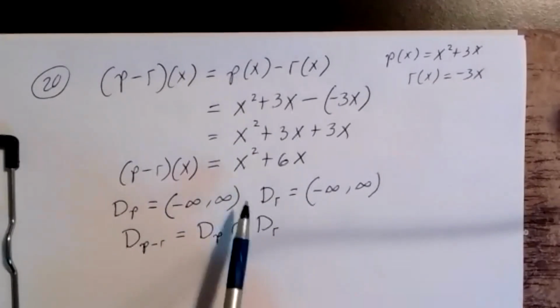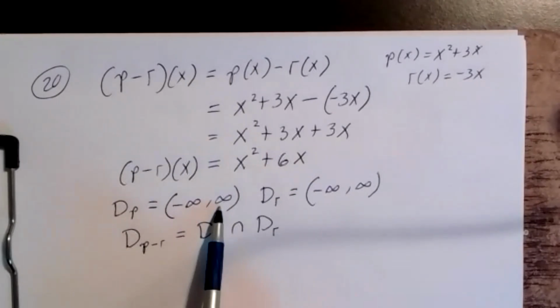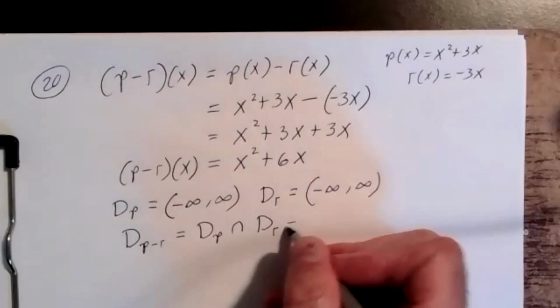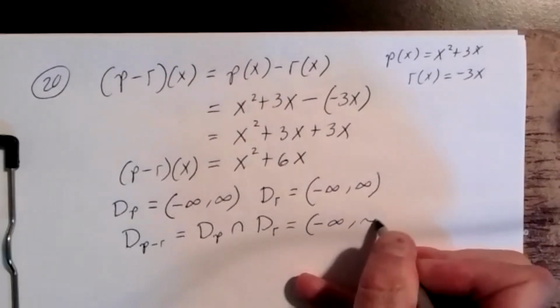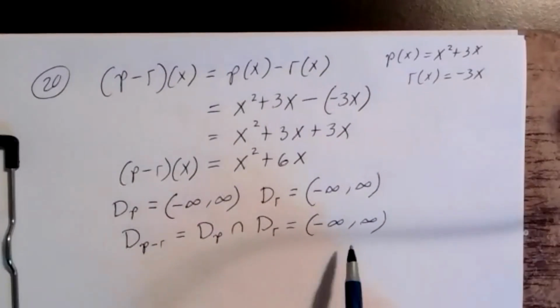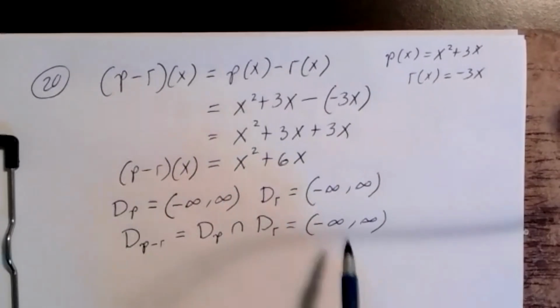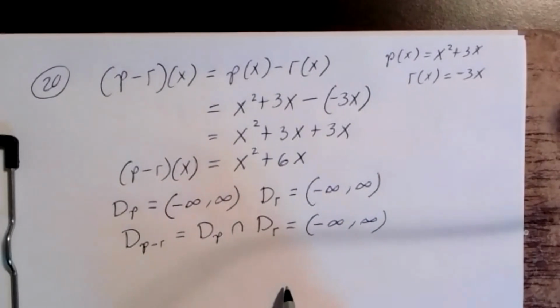So what's the intersection of these two domains? The intersection of all real numbers with all real numbers is going to be all real numbers. And you can clearly see that that is the case because P minus R of X itself is a polynomial function. No surprise then that its domain is also all real numbers. Okay? Any questions about problem number 20 there?